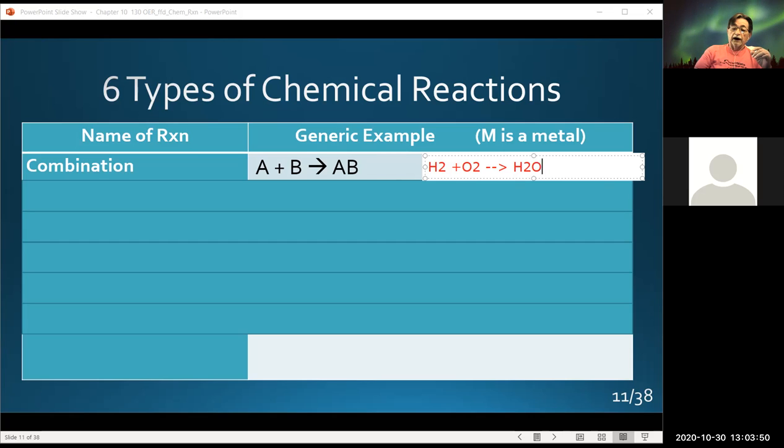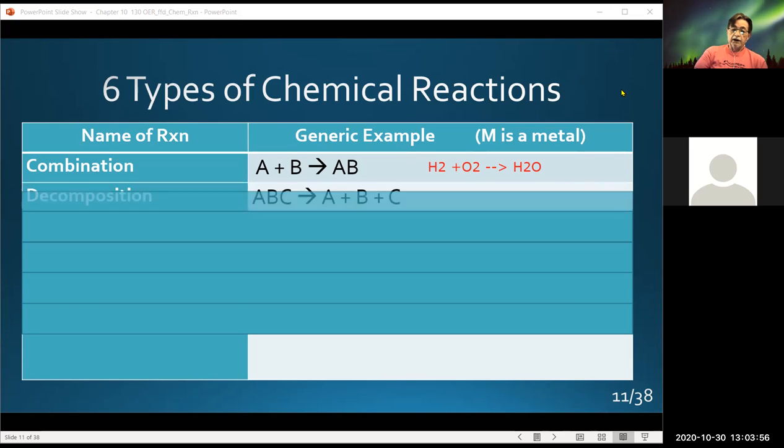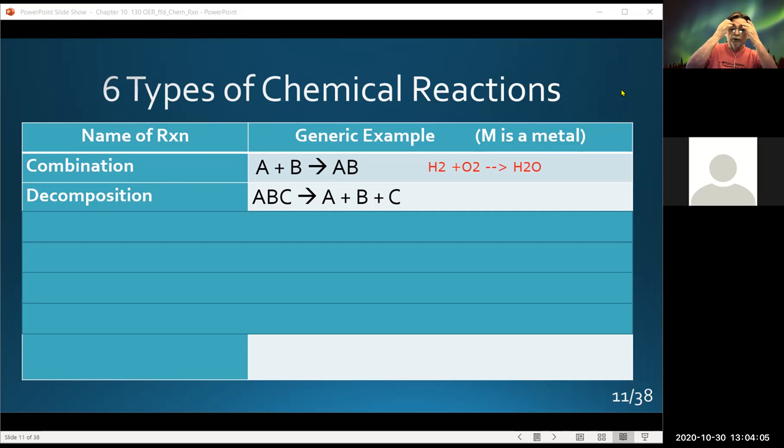That's called a combination. Just like the term says, we are combining elements. The other type is the opposite of the combination reaction, and that is called decomposition, where we're taking a compound, ABC here, whatever it may be, and breaking it back into the elements.